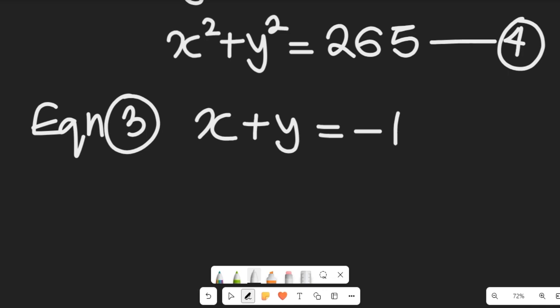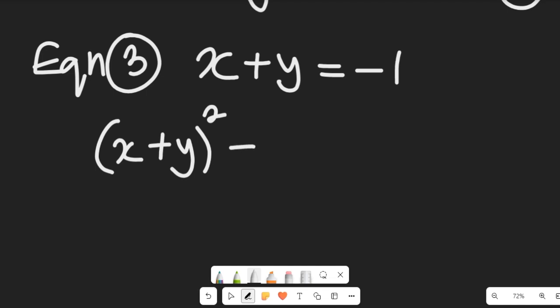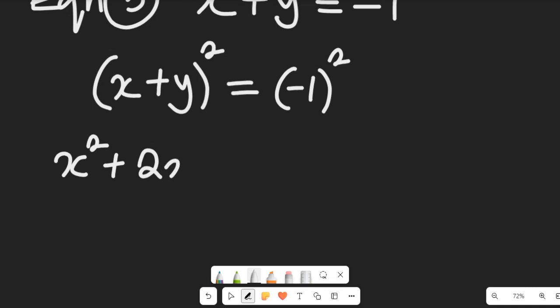If we square both sides, we're going to have negative 1 squared. Now if we expand this algebraic expression, it gives us x squared plus 2xy plus y squared, and this will be equal to 1, right?